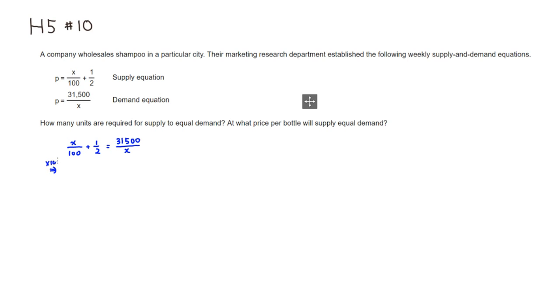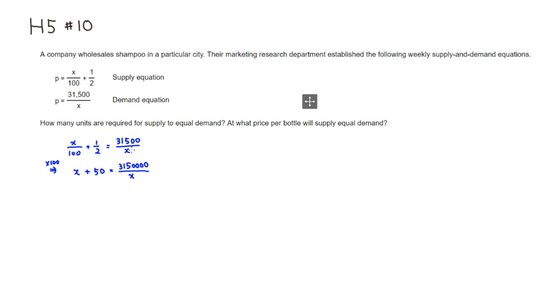So you just get x here. 1/2 times 100 is 50. And then you get 31500 with 2 more zeros over x.